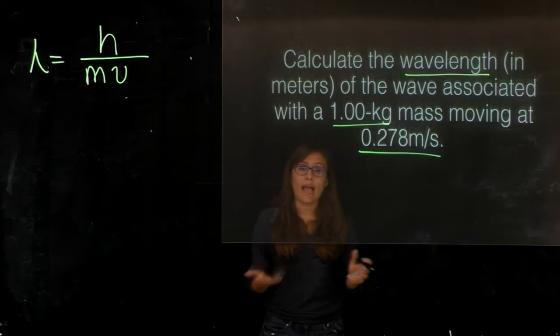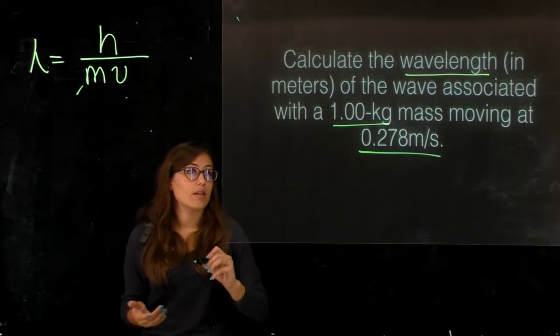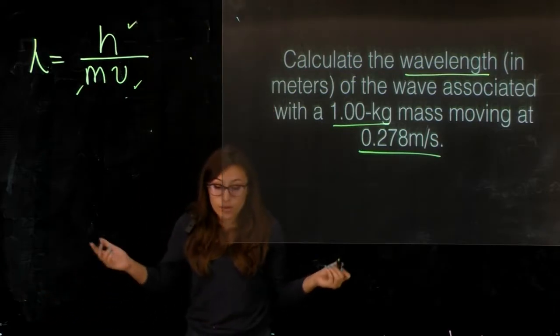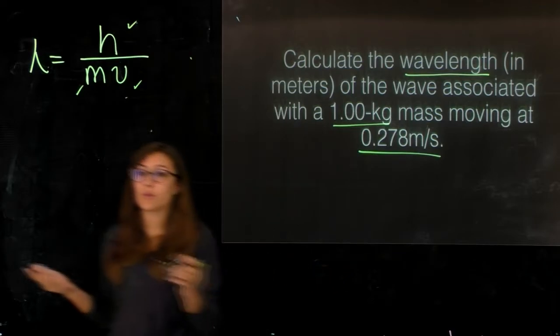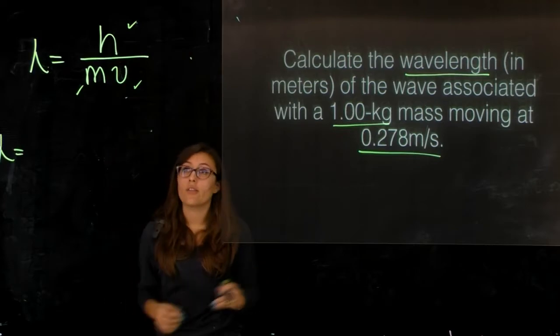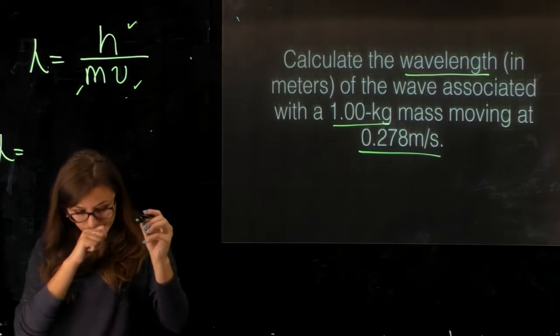So how do we tackle this problem? Well, they give us the mass, they give us the velocity, and we know Planck's constant. So perfect, we can tackle this problem. We plug in all the appropriate variables that correspond to this equation.